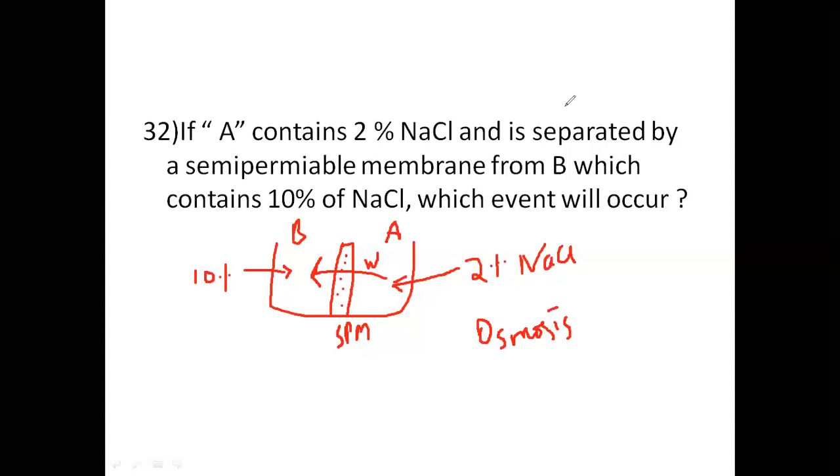This also will be there with which will show the higher depression in the freezing point, higher elevation in the boiling point, which will show the higher RLVP, relative lowering of vapor pressure. In all the cases, if I value is higher and higher, then they will have the higher colligative property. Note this properly. Higher the number of particles, that is higher the I value, higher the colligative property.